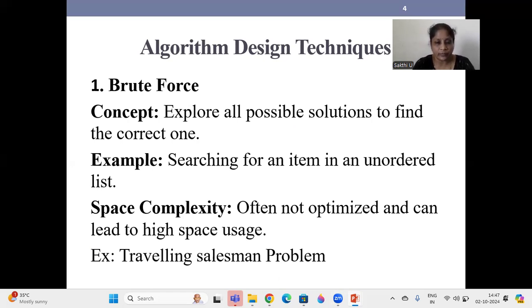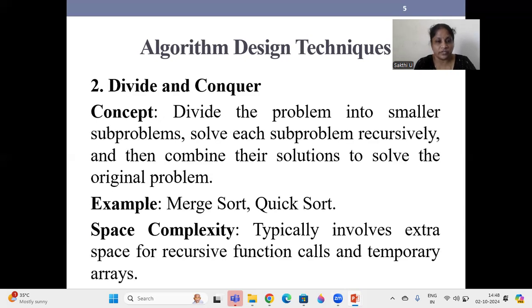Here, all the possible solutions from the problem statement are considered. The solution statement is implemented as such, without any optimization method, without applying any methods.